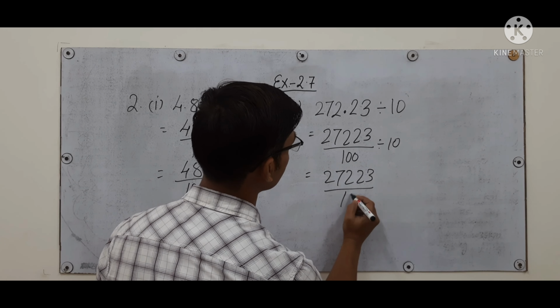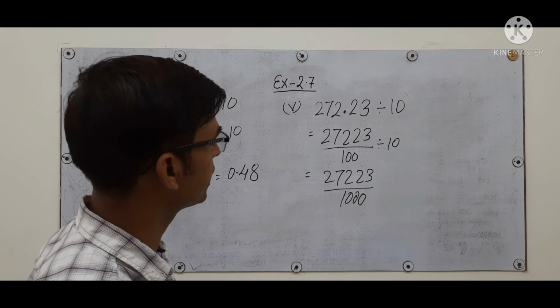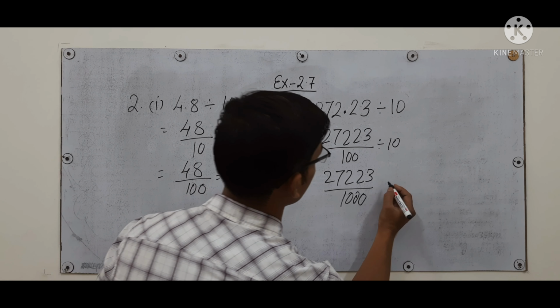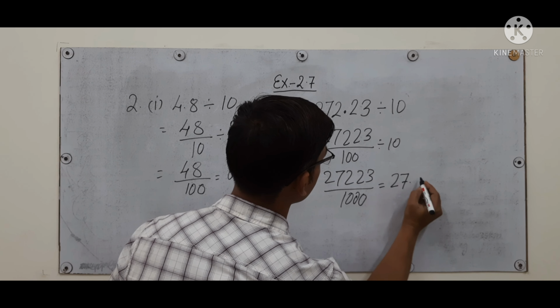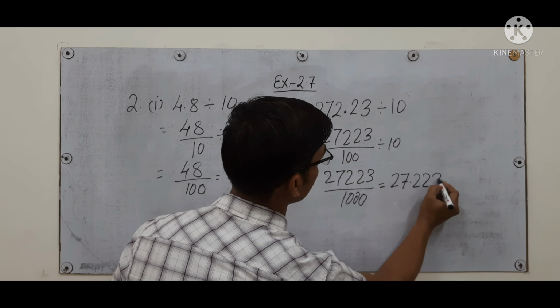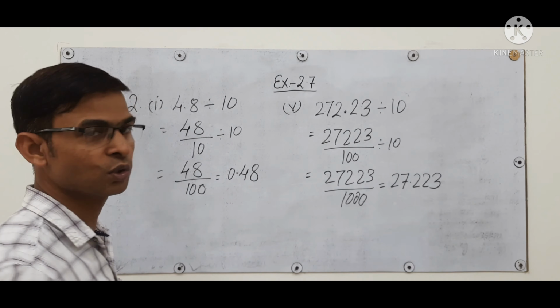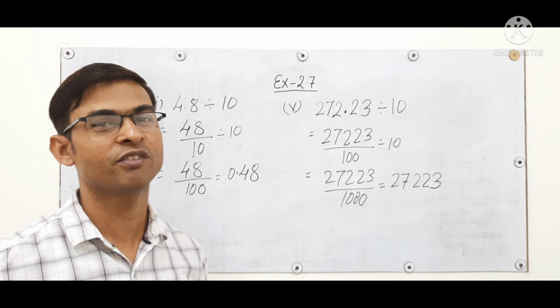Here it will be 1000, and after how many digits will we put the decimal? After 3 digits, because here it is 1000, that is 3 zeros, so we will put the decimal after 3 digits and it will become 27.223. You can see these are easy questions.